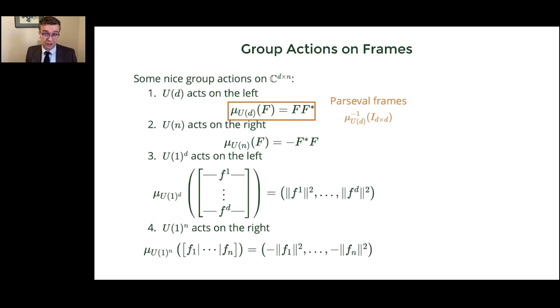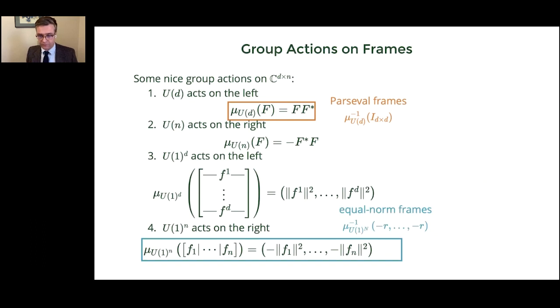And so the Parseval frames are a level set of this moment map associated with the left UD action. Likewise, equal norm frames, if I want to specify that all the norms should be the same, or more generally, I want to specify what the norms are, those correspond to level sets of this torus action.